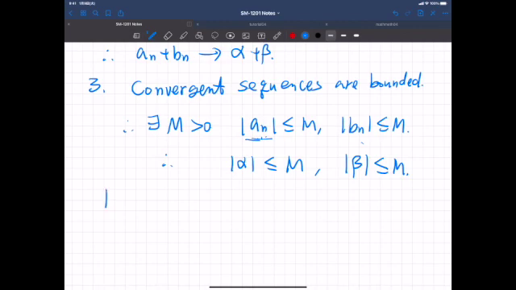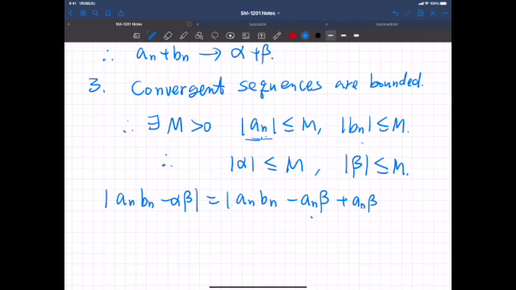Now let's show that an bn converges to alpha beta. So we want to show this is less than some arbitrarily chosen positive real number. To do that, first we write an bn minus an times beta plus an times beta.